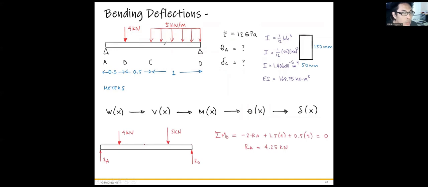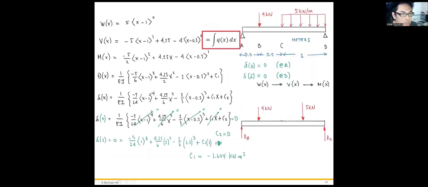Okay, and then we draw the free body diagram. We can regard this distributed load as a point load, and then we use the equilibrium equation to figure out the reaction at point A is 4.25.